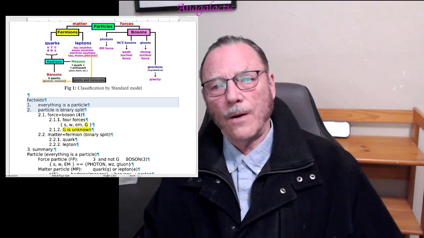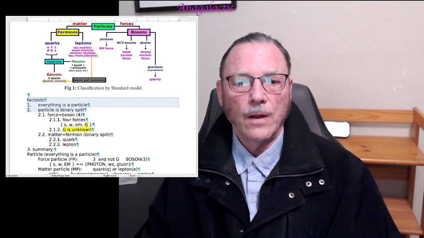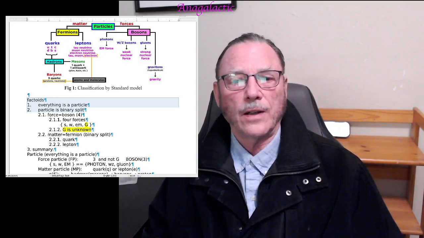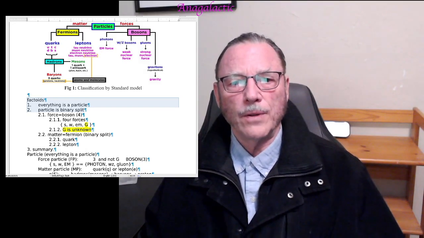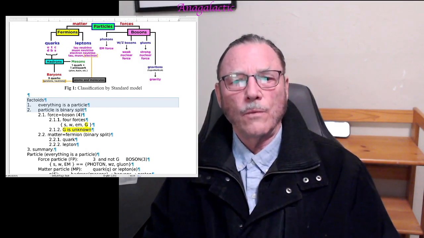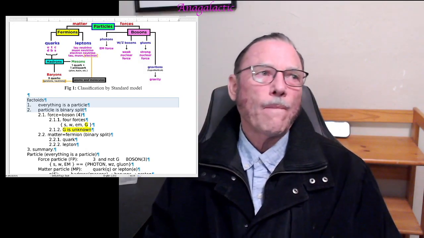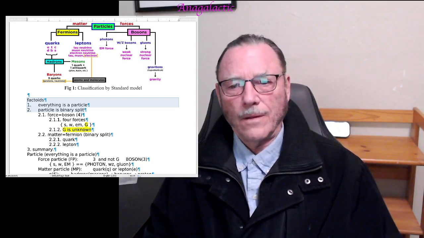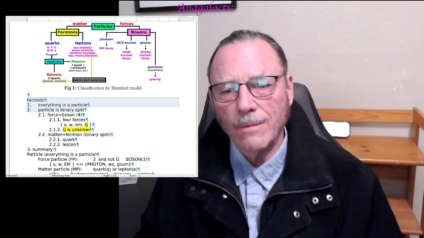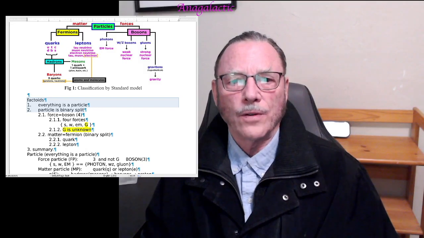Now, there would then be four particles to represent these four forces, which are claimed to explain everything in the universe. Completely ridiculous statement. But one of them is the photon. So the photon is considered to be a particle, which is incorrect. It's considered to be a force carrier. That doesn't really mean anything. But what's in magenta below the word photons? It says electromagnetic force.